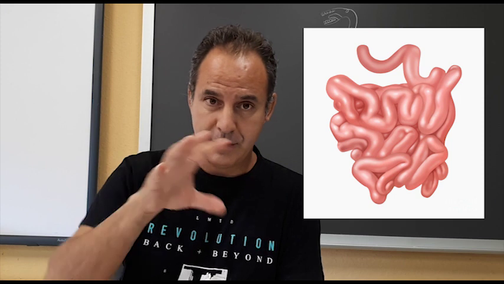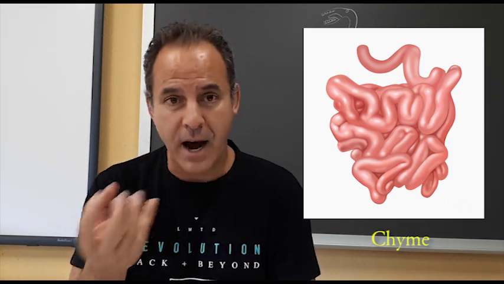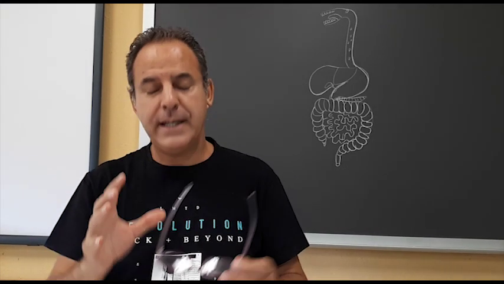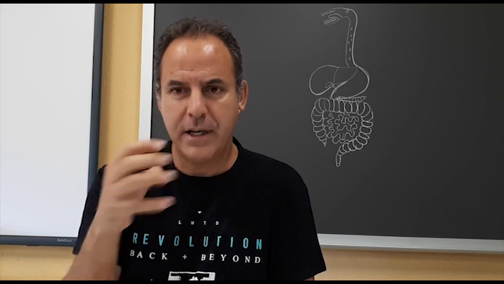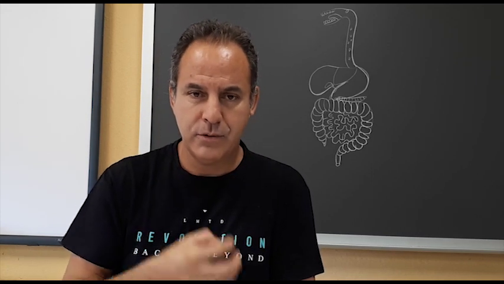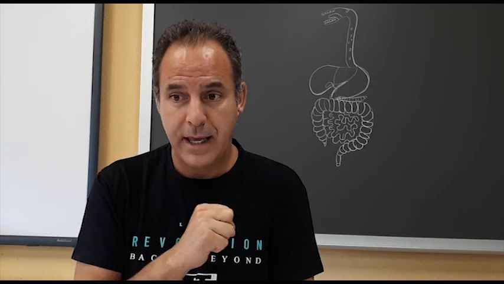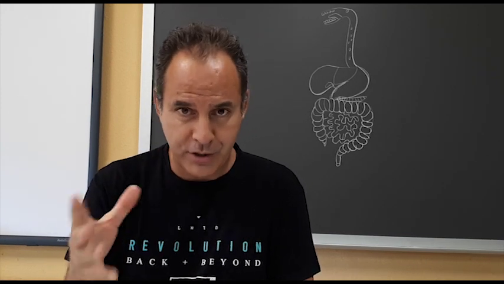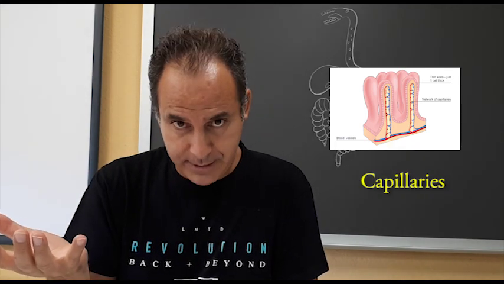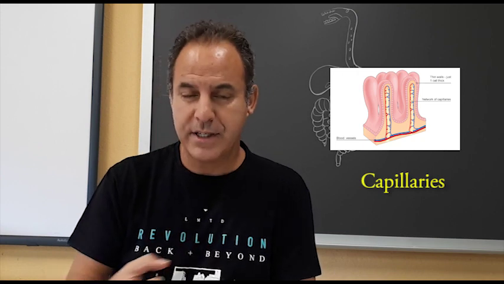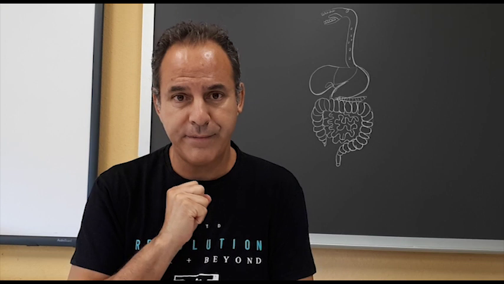The bolus transforms into something called the chyme. The small intestine starts breaking down the food even in smaller pieces to be able to get the nutrients in a small structure that I will show you a picture called the capillaries. In the capillaries there is the absorption of the nutrients from the food.